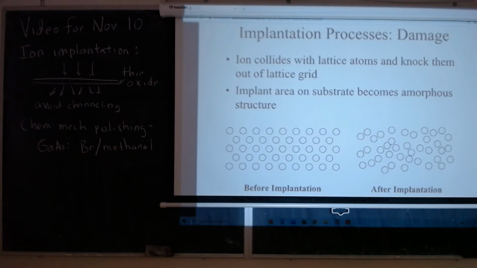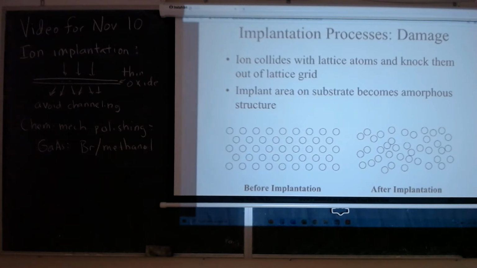After implantation, the crystal is essentially damaged, not to the extent that it's shown here, but what he's saying is roughly true. The area of the implant loses all its crystallinity and becomes amorphous. And so you have to fix that.